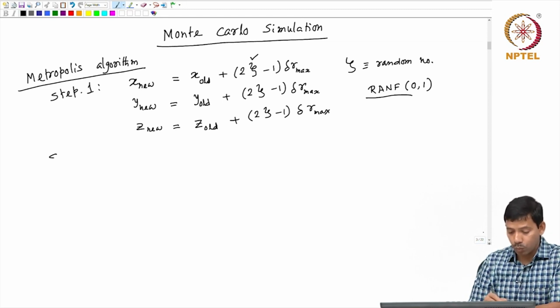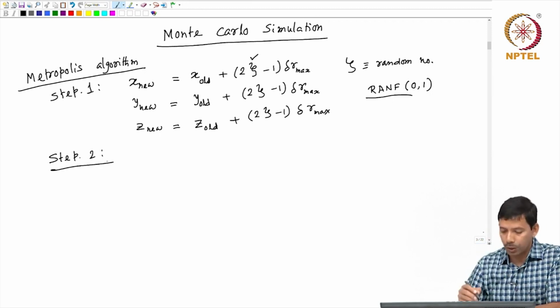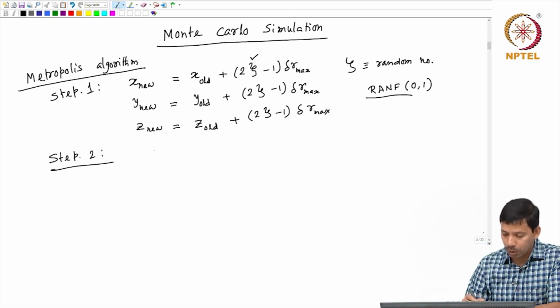In step 2, I will calculate the potential energy of the system. Let us say my calculated potential energy of the system is E new.